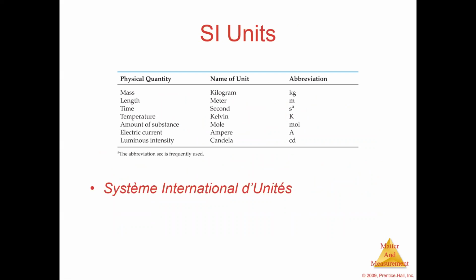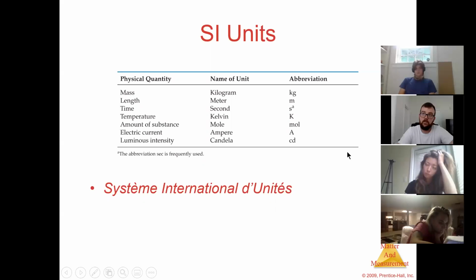We've got inches and feet and pounds and gallons and quarts, all of which have their own way of structuring and cutting units down, and it can get a little crazy. You may find it easy to figure out how many inches are in a foot: there's 12. But how many feet are in a mile? I don't remember, 5,000 something. It's these random numbers that don't work with each other.